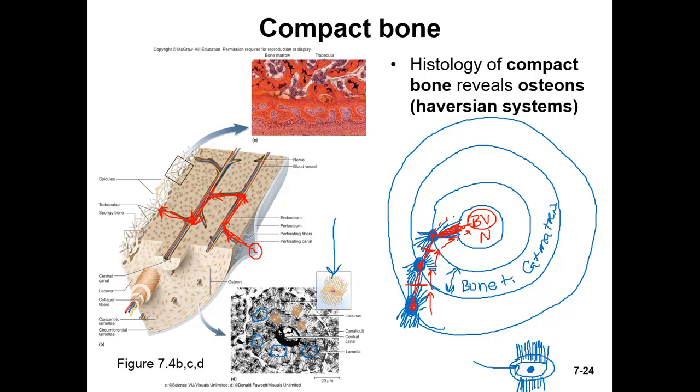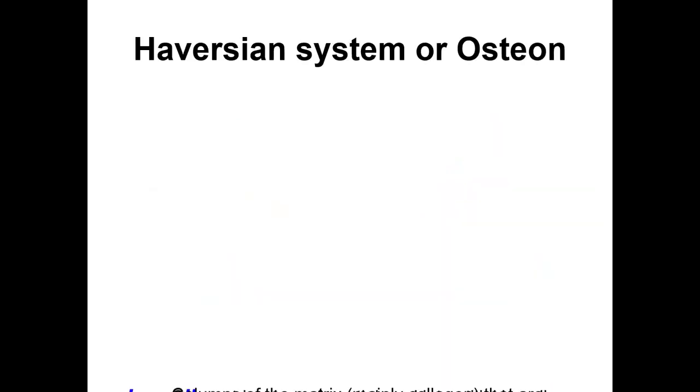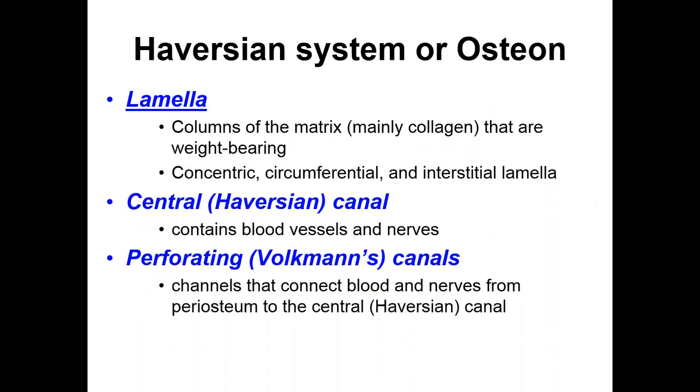So if you're running along the axis of the bone, that's going to be a central canal in the center of an osteon. If you go at a right angle and you go deeper into the bone, then you're in a Volkmann's canal. So Volkmann's canals are channels that connect blood and nerves from the periosteum, so remember this is outside, into the central canal of the osteon.